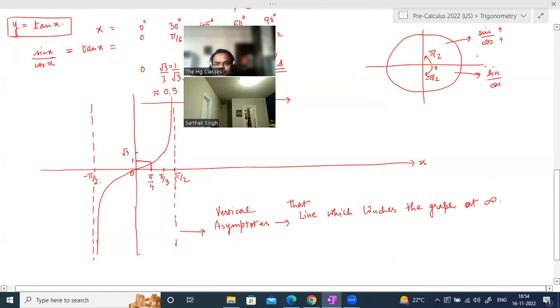The sine one or the cos one? Cos is positive because the x coordinate always remains positive, but the y coordinate becomes negative for these values of angle, right? So positive upon negative will give you negative.